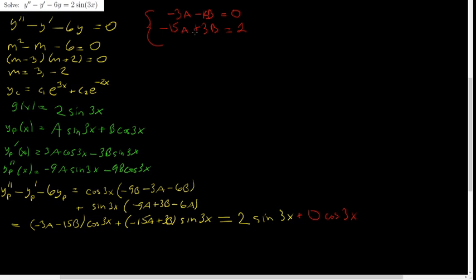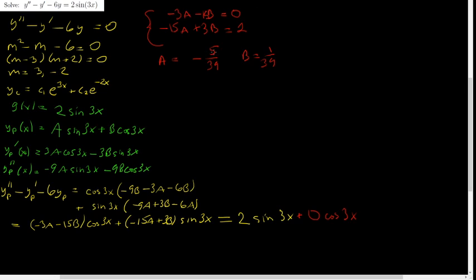You can solve this any way you want. Do it by hand if you want, or use your calculator. I'm going to skip that part because you've all done it before, and I'll just write down the solutions. A should be negative 5 over 39, and B should be 1 over 39, if I did it right. You might want to double check that. We can check it quickly. Negative 3 times negative 5 is positive 15, and then minus 15 over 39, so 15 minus 15 is 0.